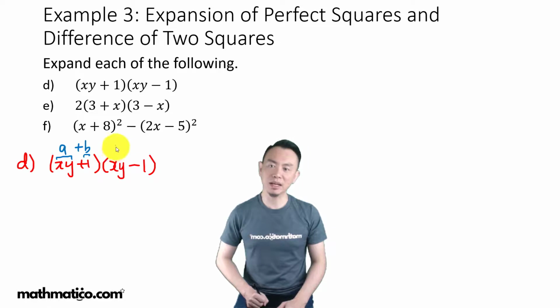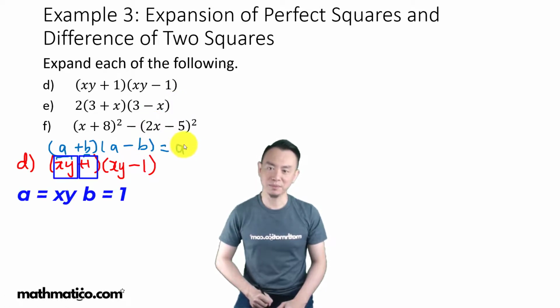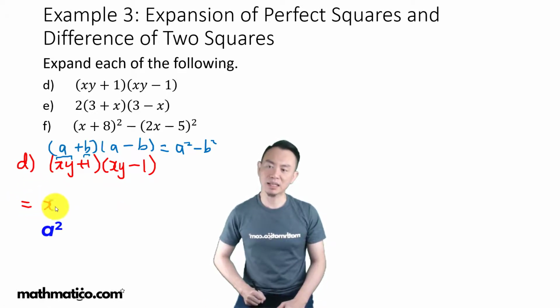Then this will be a minus b, isn't it? So if you have (a plus b) times (a minus b), that's equivalent to a squared minus b squared. Okay, remember this formula and recognize the pattern as well. So straight away we say that this is (xy) squared minus 1 squared, and that gives us x squared y squared minus 1.